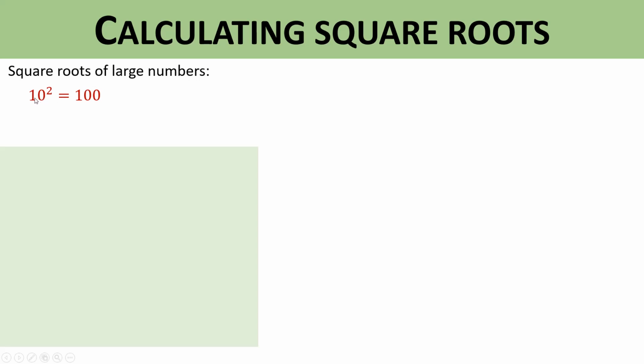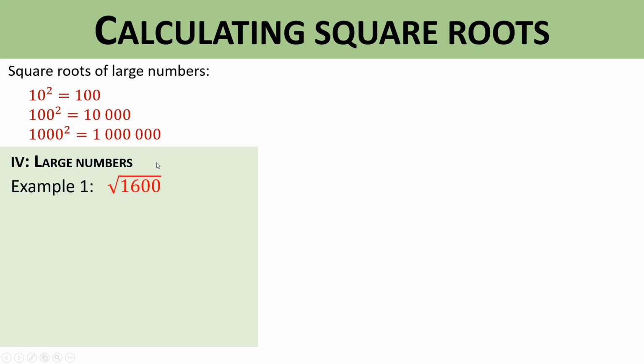So you know that when I take 10 squared, that is actually 10 times 10, so that's 100. When I take 100 squared, that's 100 times 100, so that's 10,000, and 1,000 squared is 1 million. So I know that the square root of 100 is 10, the square root of 10,000 is 100, and the square root of 1 million is 1,000, and so on.